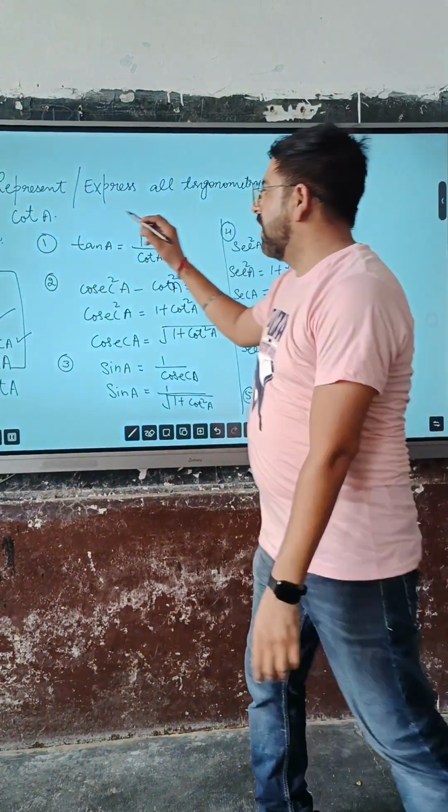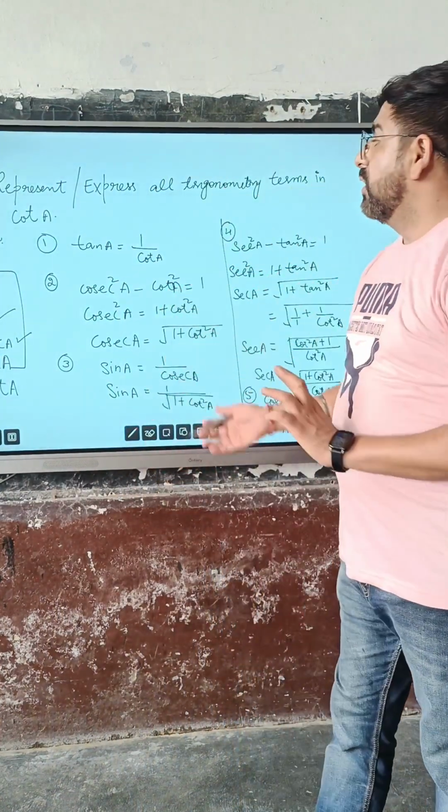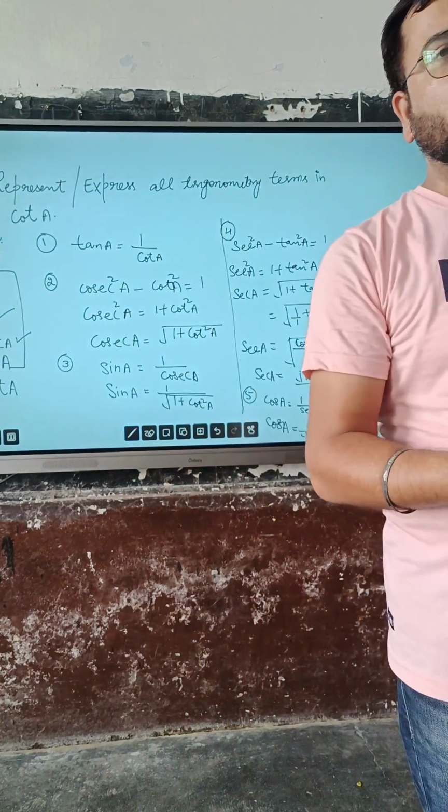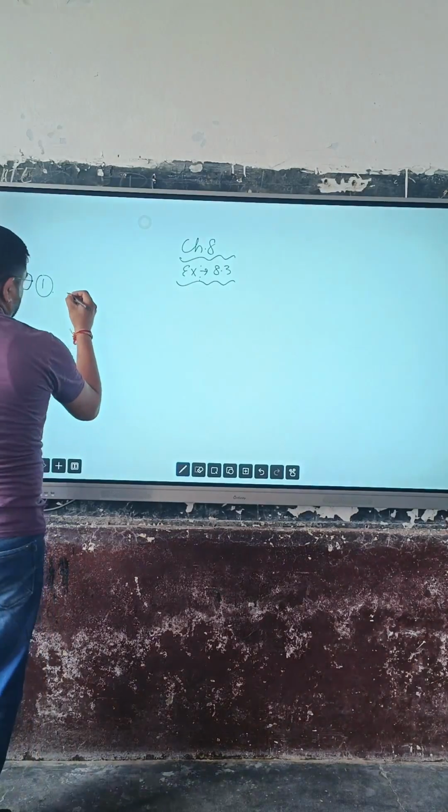If we want to express all the trigonometric terms in sin A, we can do it using the trigonometric identities.